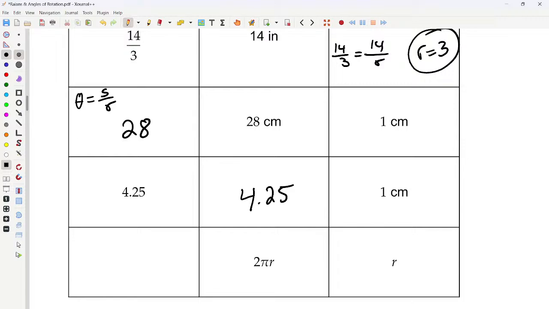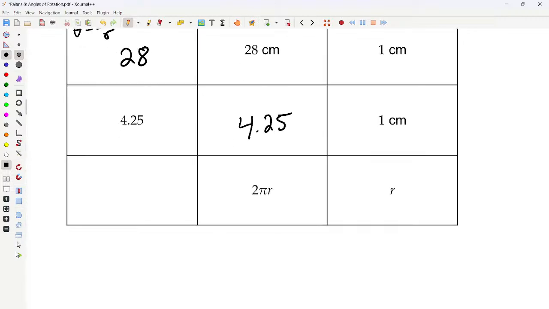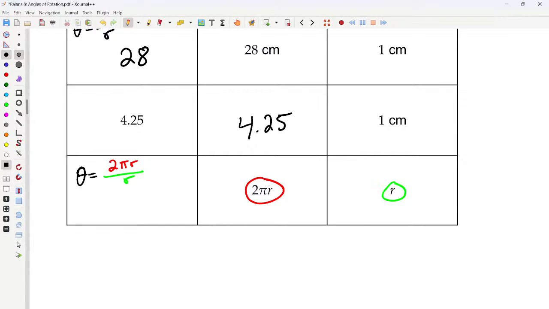Here's the big one. You tell me. How come? Yeah. So if we use the formula, I'll do this in color because this is actually going somewhere. This is S, 2 pi R, over R, where R is the radius from earlier, and that is the angle measure in radians.